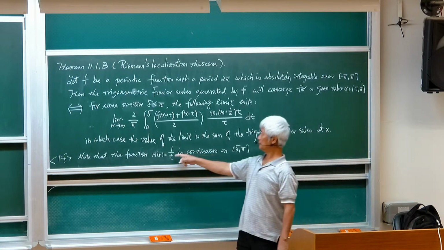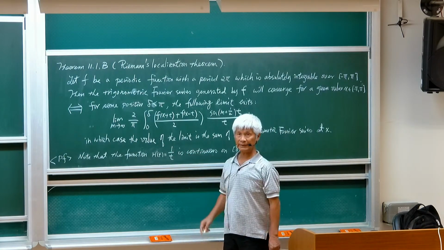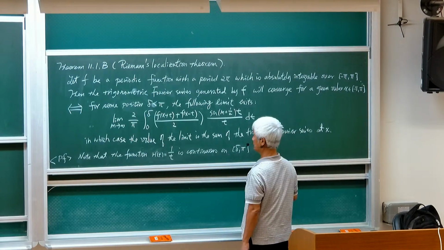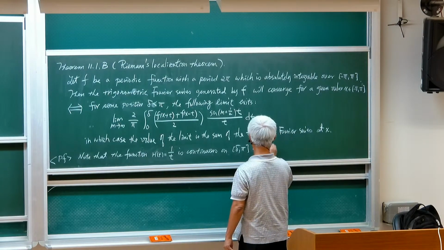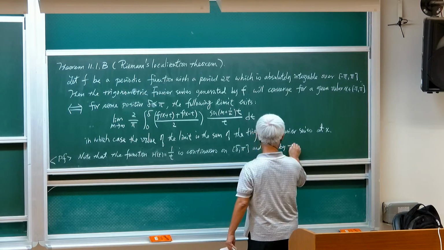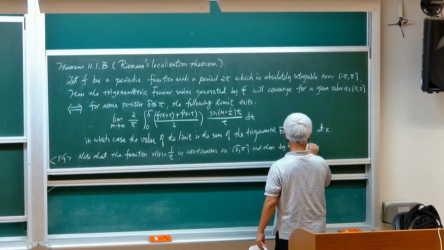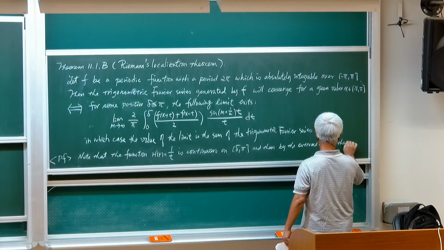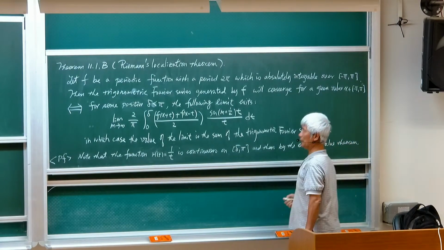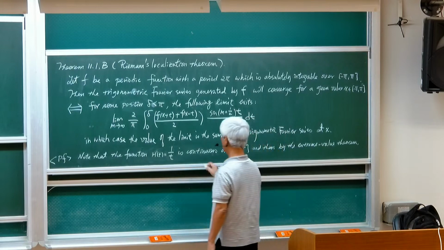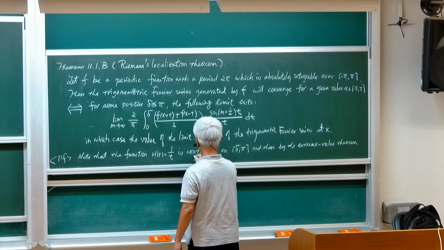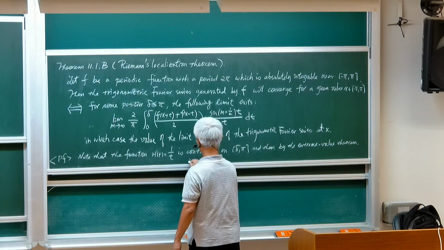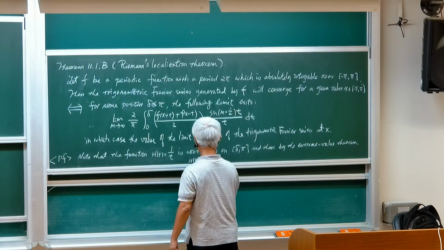The inverse 1 over t, right, is a continuous function on this interval. And then, by the extreme value theorem, okay, so by extreme value theorem, h of t is less than or equal to M.